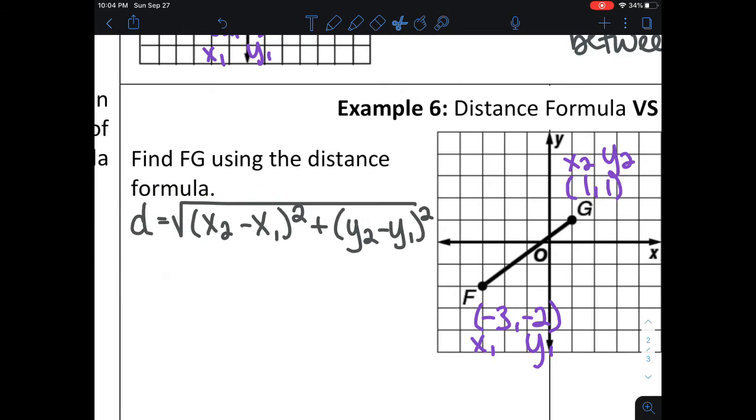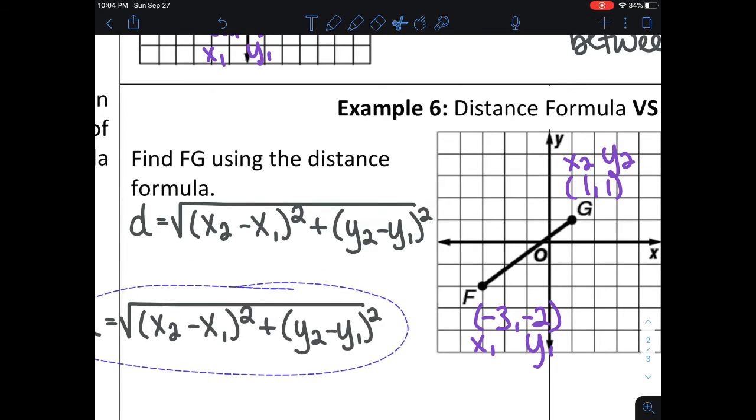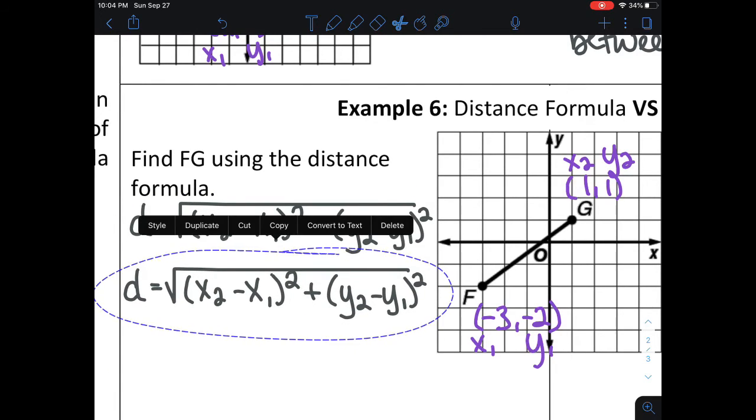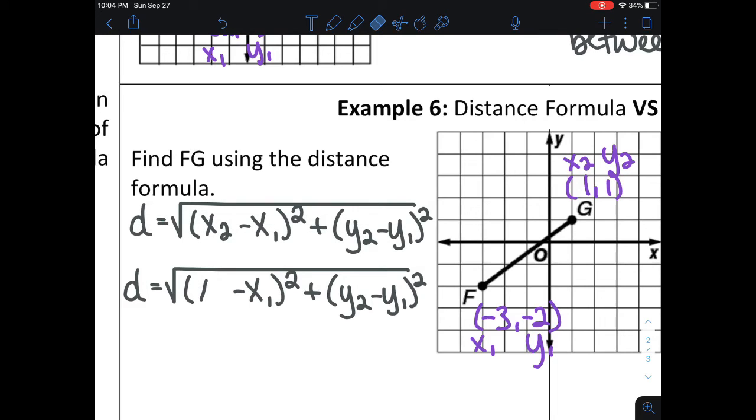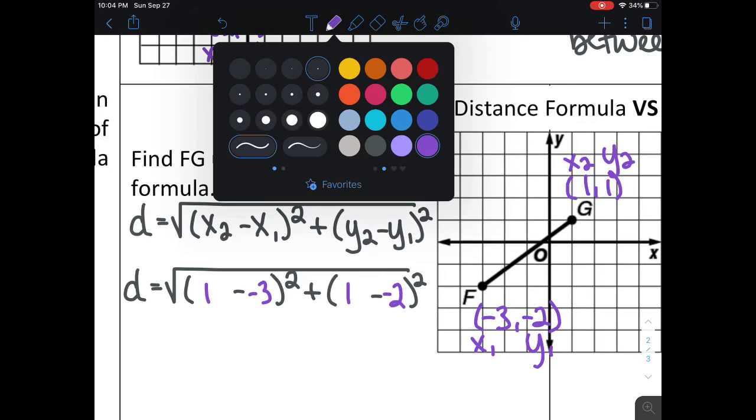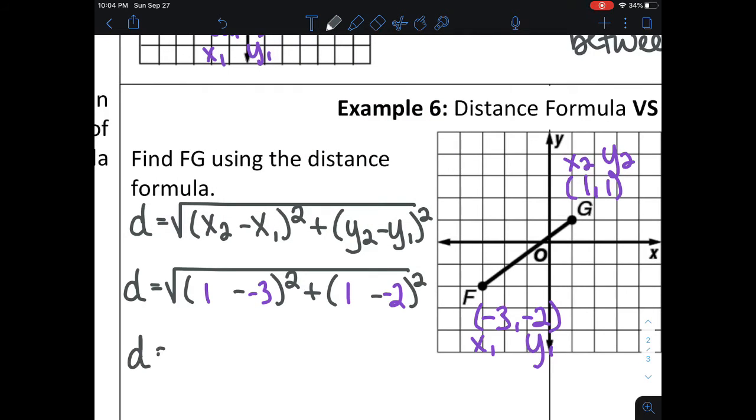And let me go ahead and put my distance formula here twice. One is for reference, one is for erasing and replacing. Okay, x2 I said was 1, x1 is -3, y2 was 1, y1 was -2. And just like before, we're going to the calculator to evaluate.